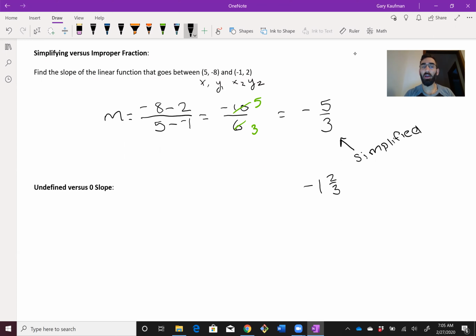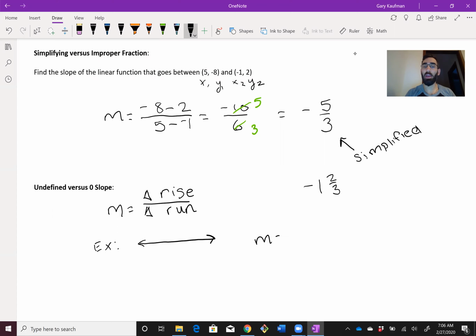Now let's look at undefined versus zero slope. So again, slope is the change in rise over the change in run. Now, when we have no rise, so example 1, no rise is just a horizontal line.